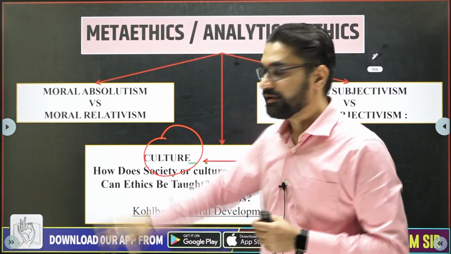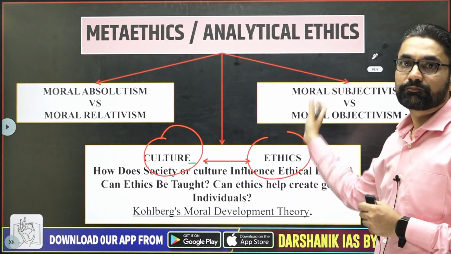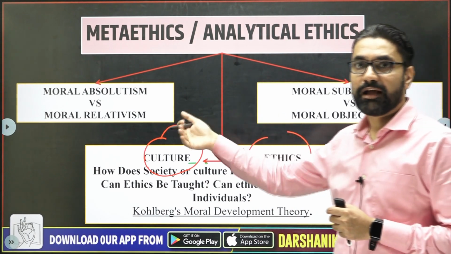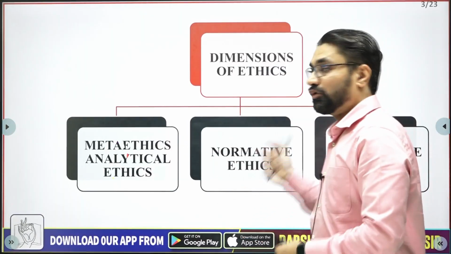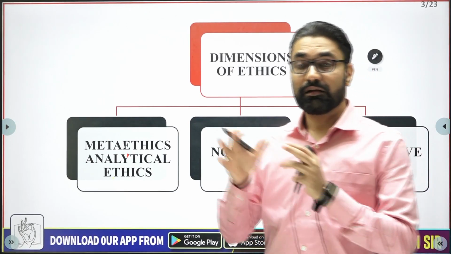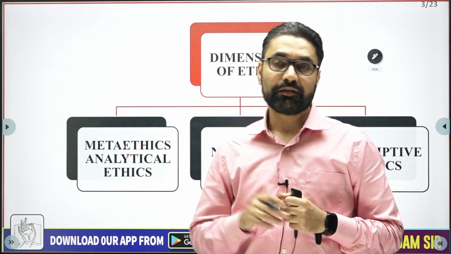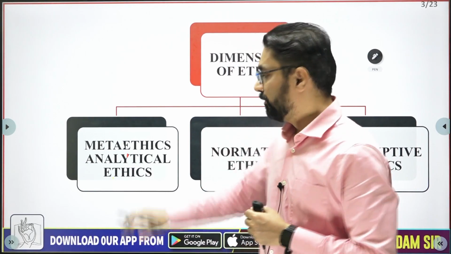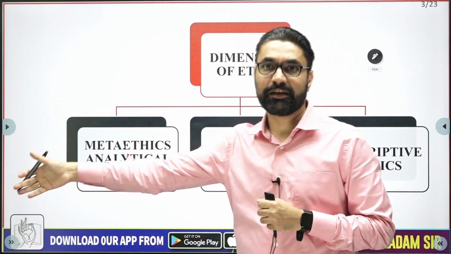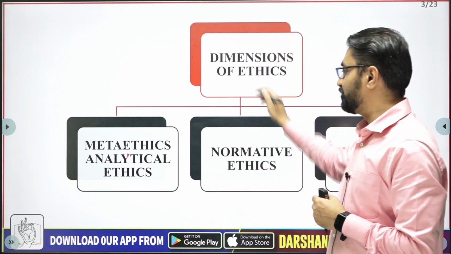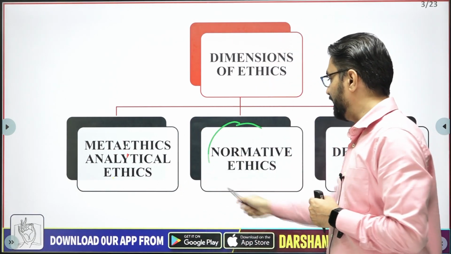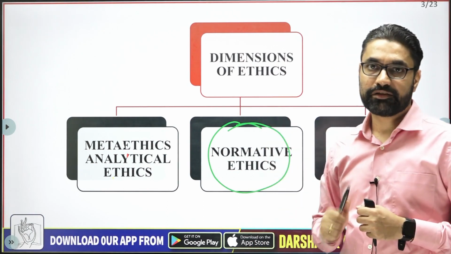And under meta-ethics, you have these three core debates that we will have in our classroom. Now the second branch under dimensions of ethics, normative ethics, is a very important branch.